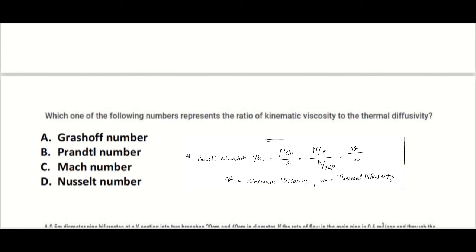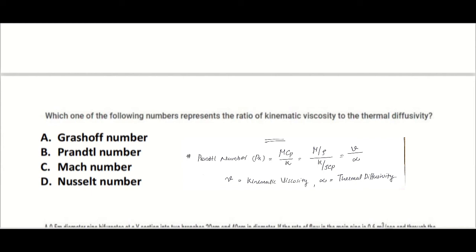Thermal diffusivity is the ratio of thermal conductivity divided by density times Cp. So the ratio between kinematic viscosity and thermal diffusivity is the Prandtl number.